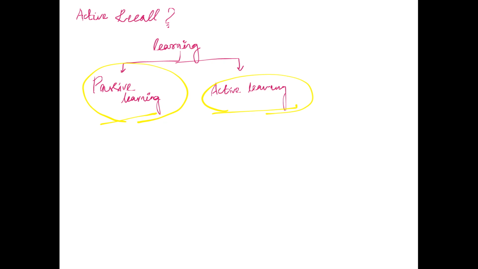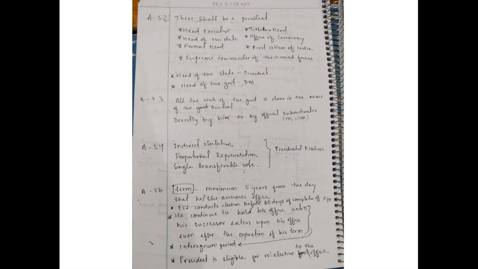So we should make our brain habituated to that situation each and every day, for each and every concept or topic. In this video I will try to explain how to implement this technique through the chapter of polity, that is President.